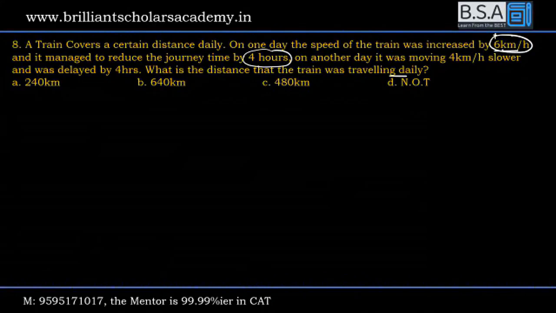Speed is not known. Increase is known. Next day, the speed is decreased. So journey time is increased. In such question, there's a formula that we can share with you.